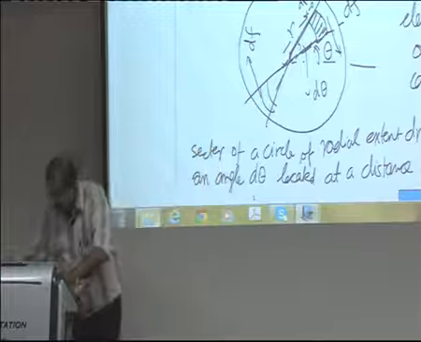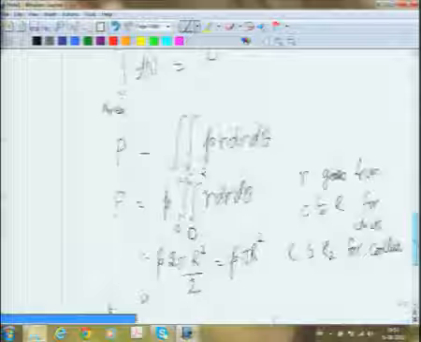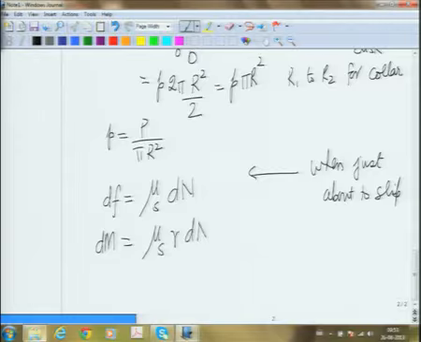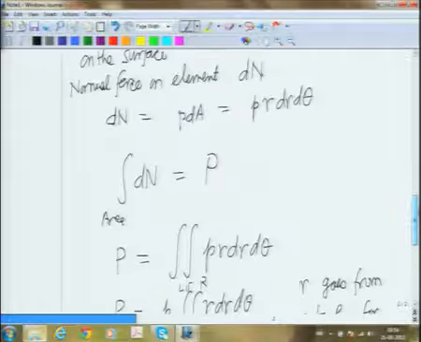So, let us then complete this. So, dF I can write, but actually dF does not help me too much. What I need to write is the moment on this area. So, moment on this area will be equal to mu s r times dn, and dn I have already written. What is dn? dn is p dA.